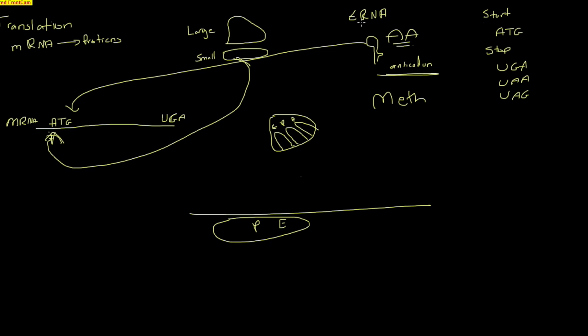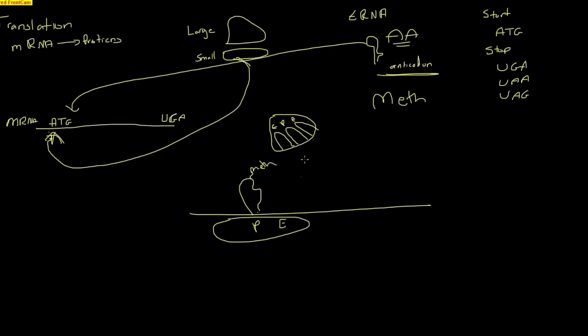Then you're going to have a tRNA come in, which is going to have the anticodon to this codon. And so ATG codes for a methionine amino acid. So that tRNA is going to come in, it's going to bind. So now what we have here is this tRNA in this P site, excuse my drawings, and it has the methionine amino acid.